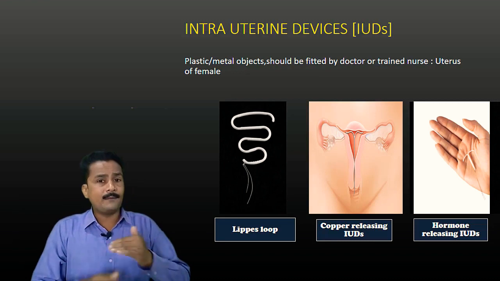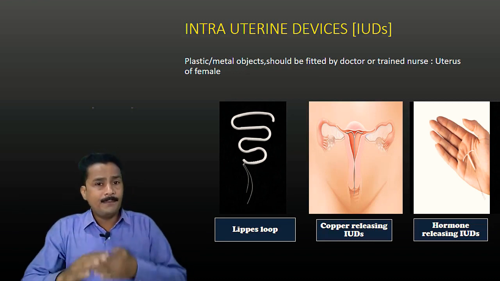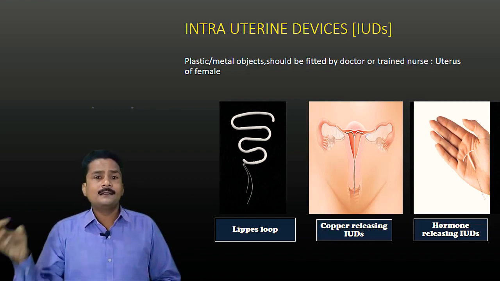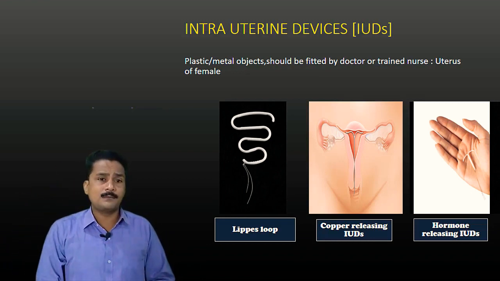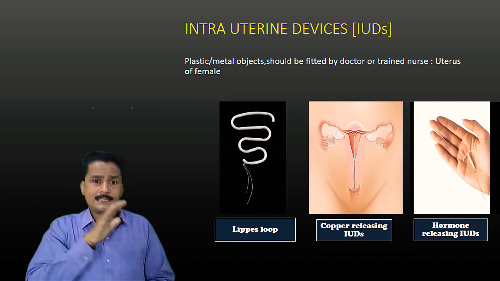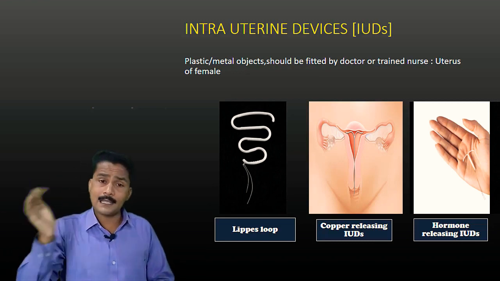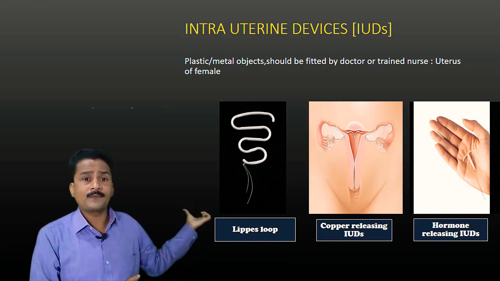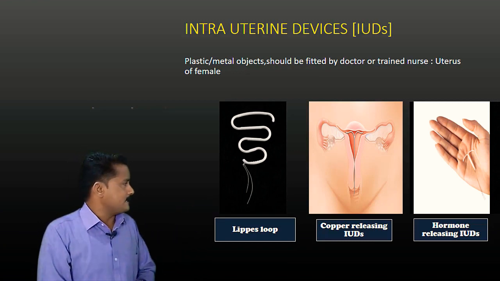That means they prevent the movement of the sperm so that the sperms become immobilized, and they are also responsible for decreasing the fertilizing capacity of the sperm. So that is the mode of action related to the copper releasing IUDs.